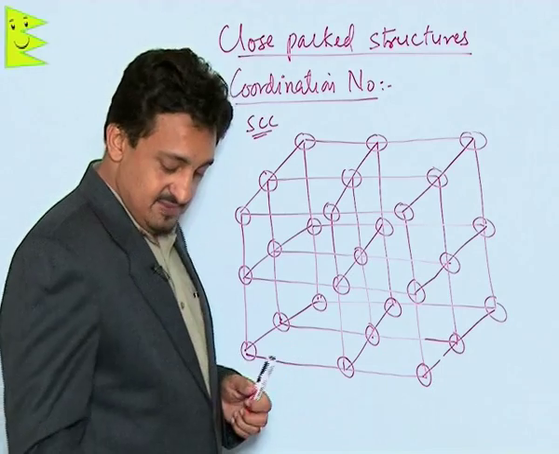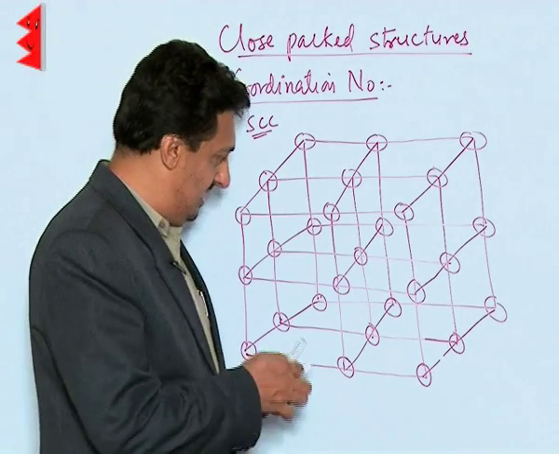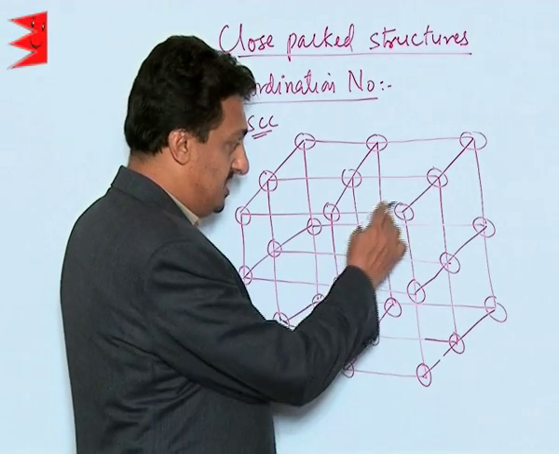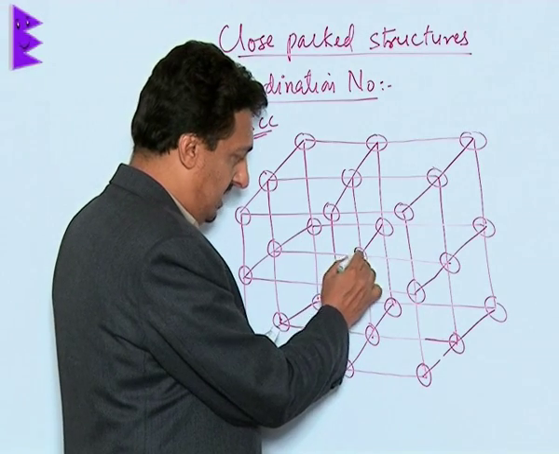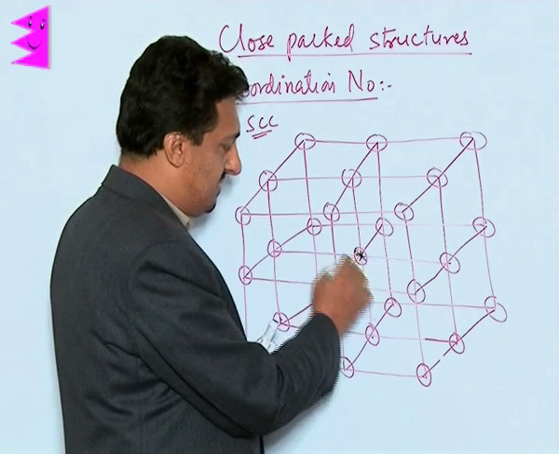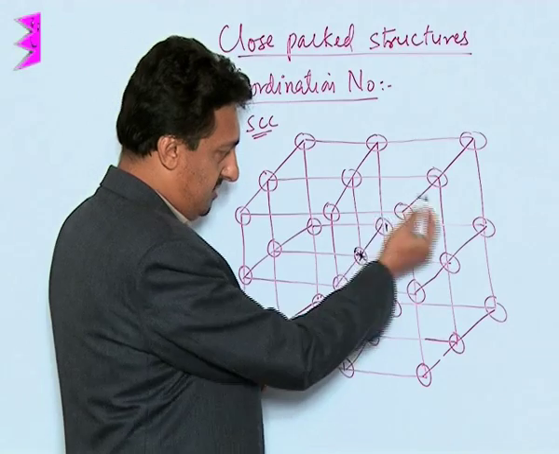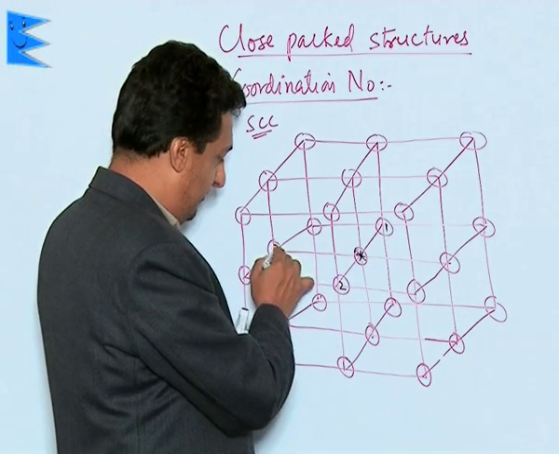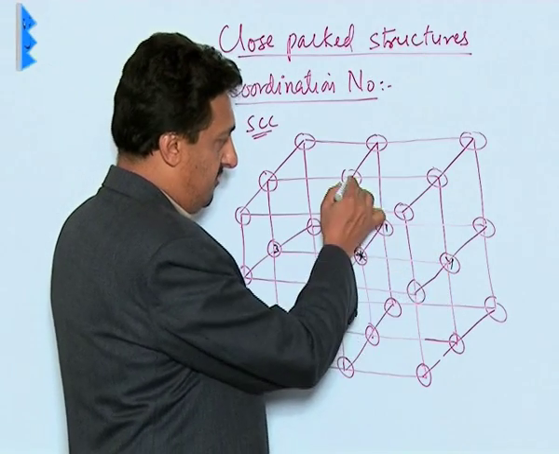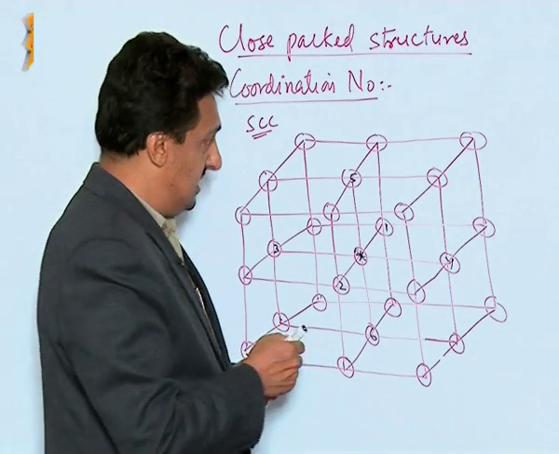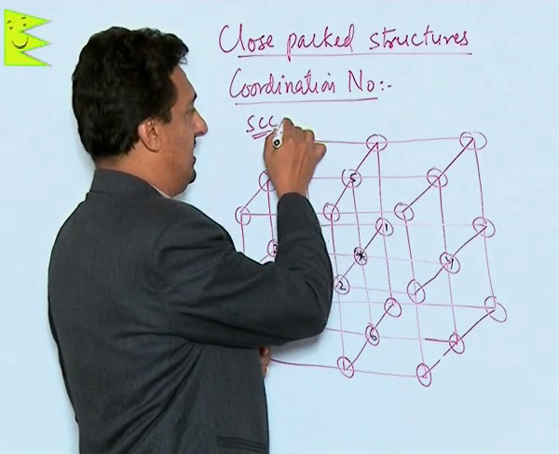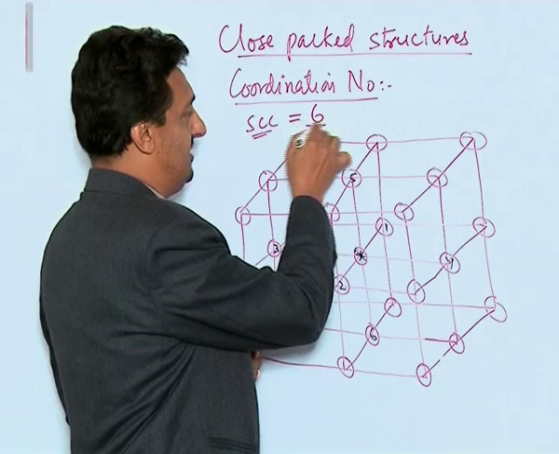Let us take this central particle, which is being shared with all these 8 unit cells. It is in contact with how many other particles? 1, which is the back, 2 front, 3 left, 4 right, 5 top and 6 bottom. So what we find is that the coordination number in case of SCC is always 6.